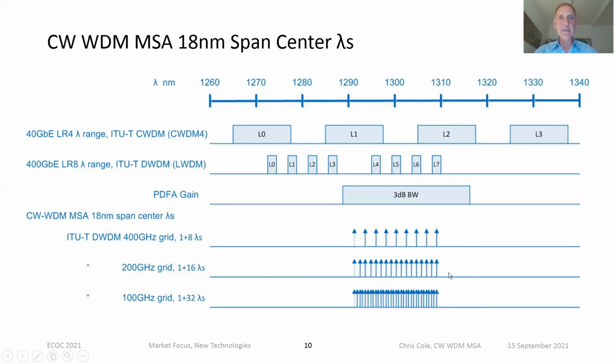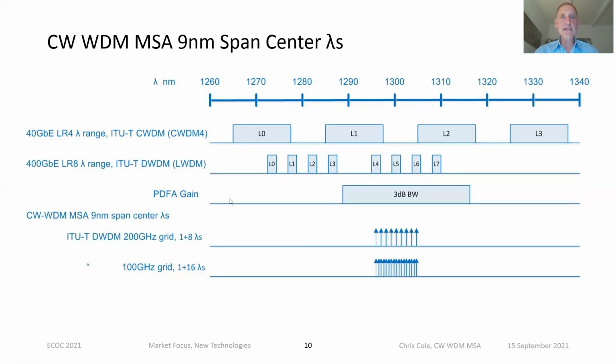For the 18 nanometers, we can see it fits in very nicely in the 3 dB bandwidth profile of a PDFA. And it overlaps in terms of the span with LR4, 100G LR4 and 200G LR4 LWDM grid, which is 4 wavelengths on an 800 gigahertz spacing.